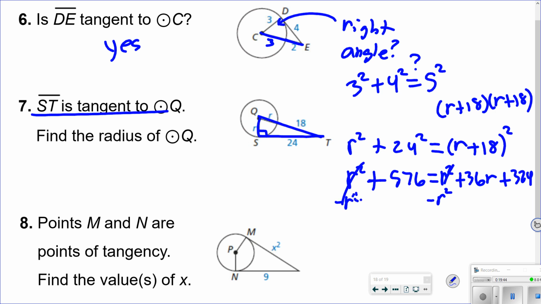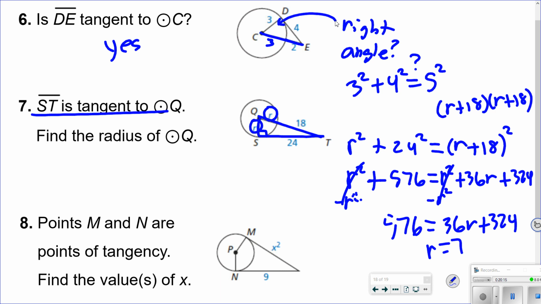It's gone. 576 equals 36r plus 324. Minus 324 over, divide by 36, and that ought to give us our answer. It's 252 divided by 36, so the answer is 7. So that's what R would have to be here and here, if that's a tangent line.